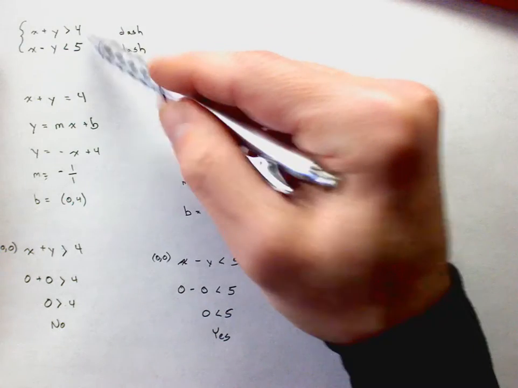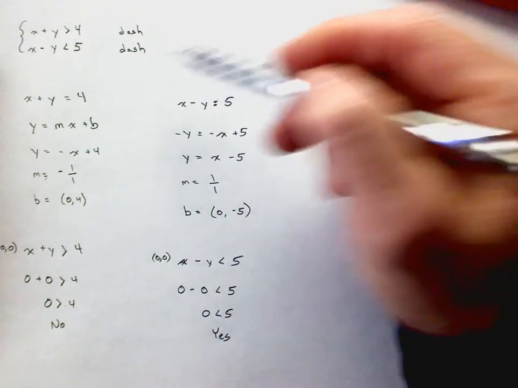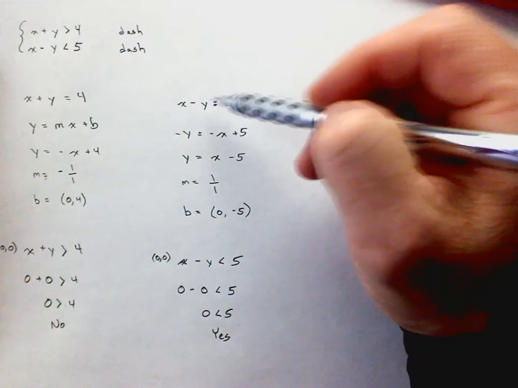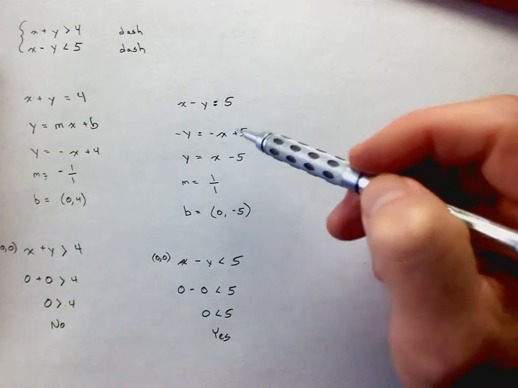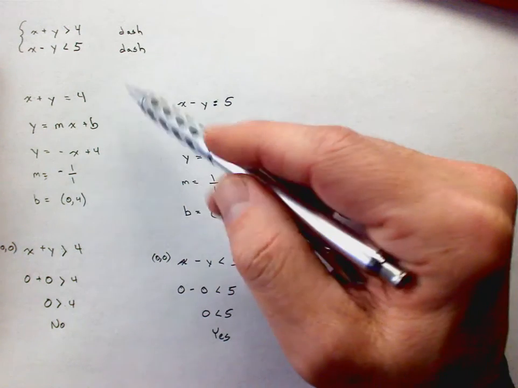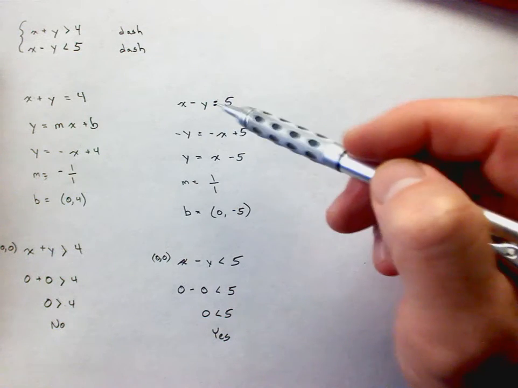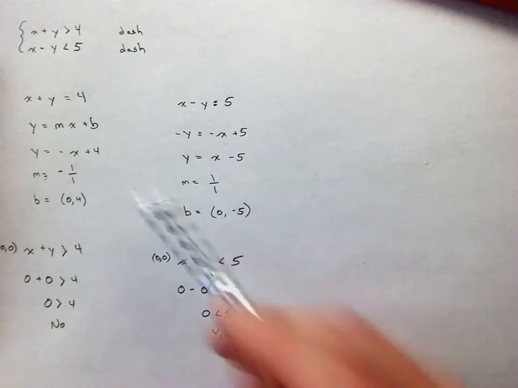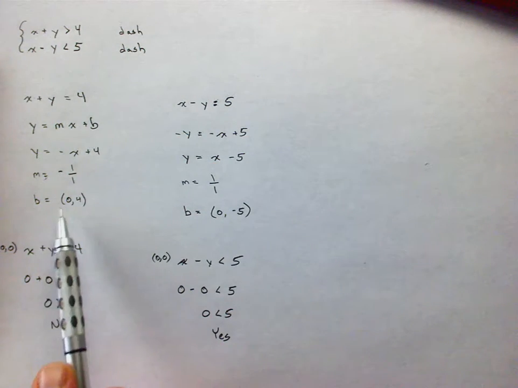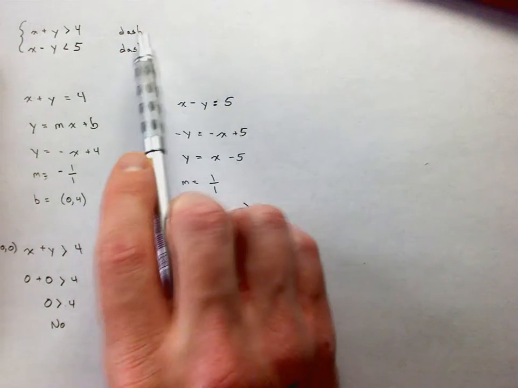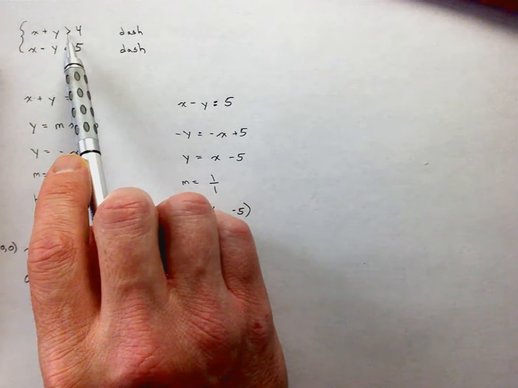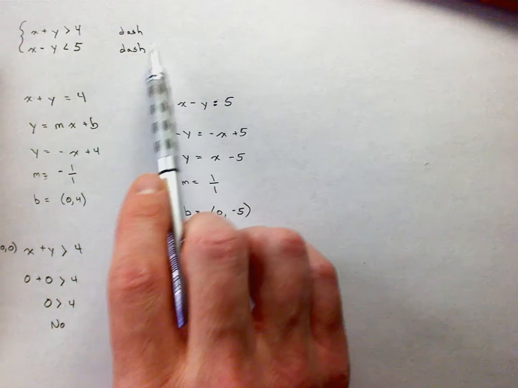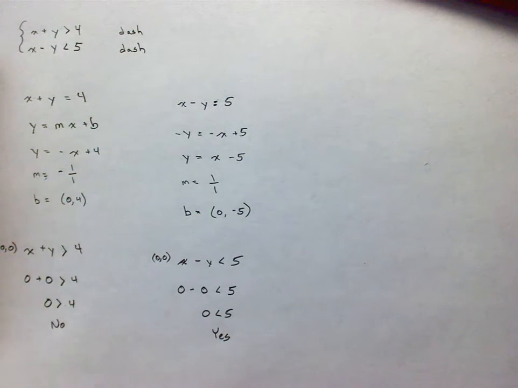With these problems, you need to make sure that you graph, and by graphing you write it in equation form, and however you choose to graph. If you like using your intercepts, then use those. If you like using y equals mx plus b, use that. It doesn't matter. Graph your equations. Make sure that you do a dash line for greater than or less than, solid line for greater than or equal to, less than or equal to.